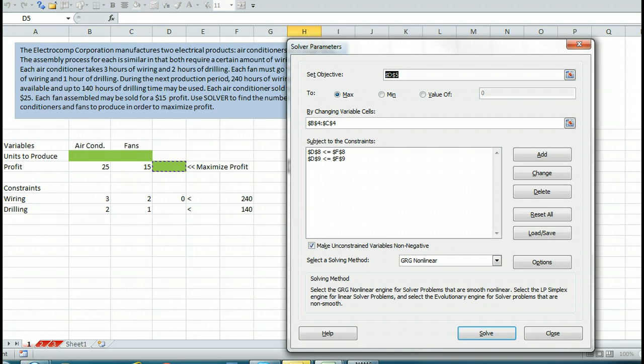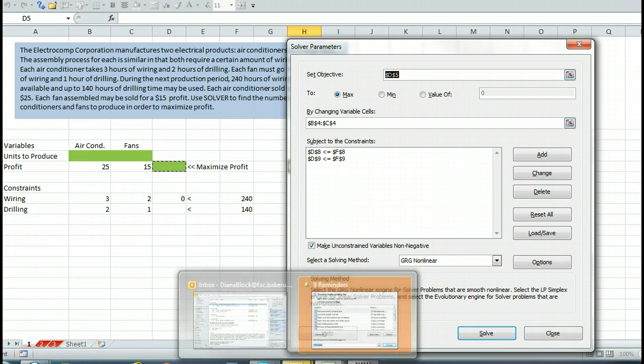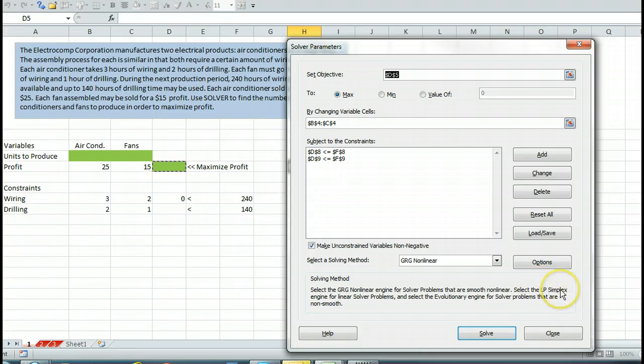And we're going to make our solving method GRG nonlinear. We use that for problems that are nonlinear, so you're going to read about that. One of your other problems, problem 3, is going to be simplex LP, and you'll read about that, but this one is GRG nonlinear.